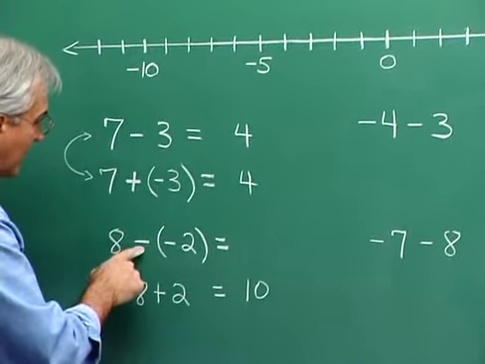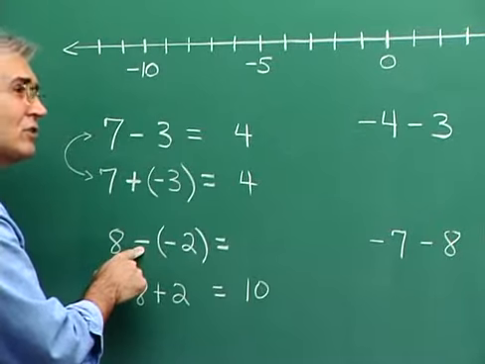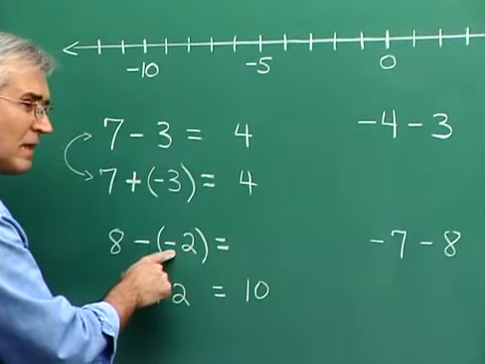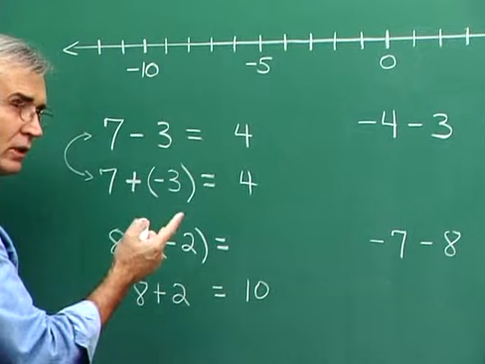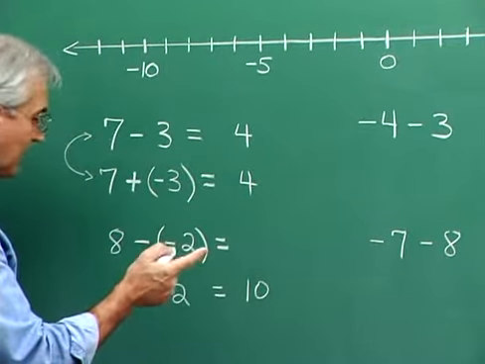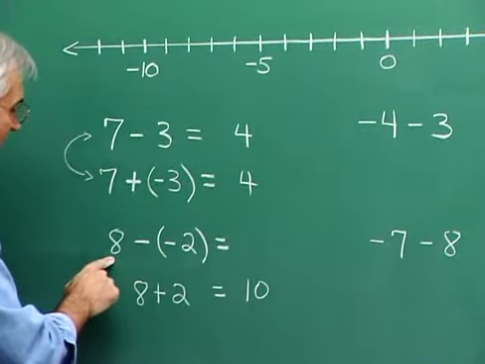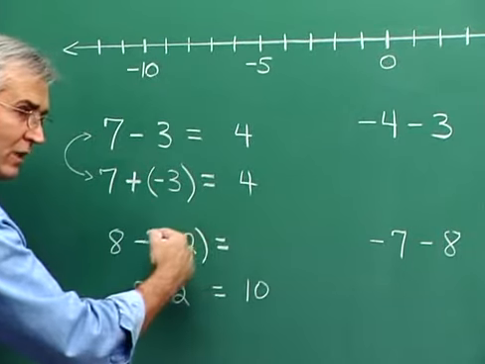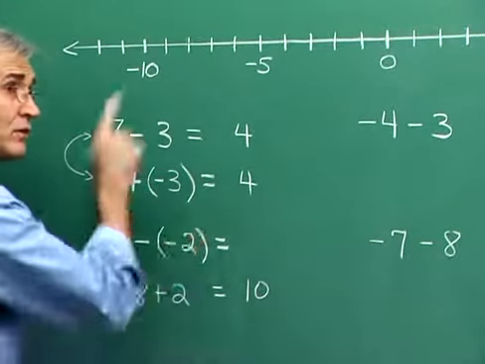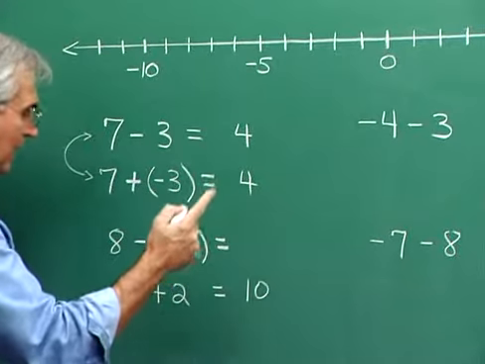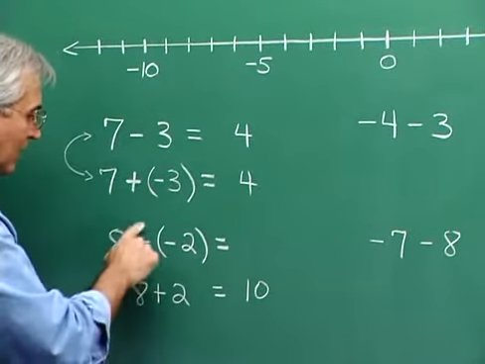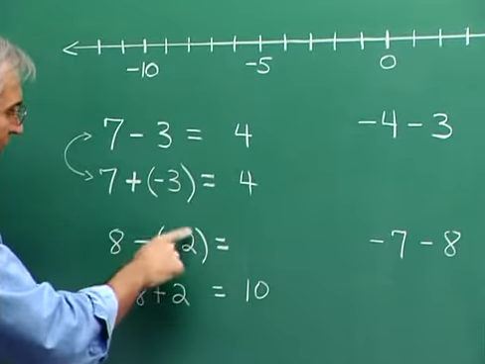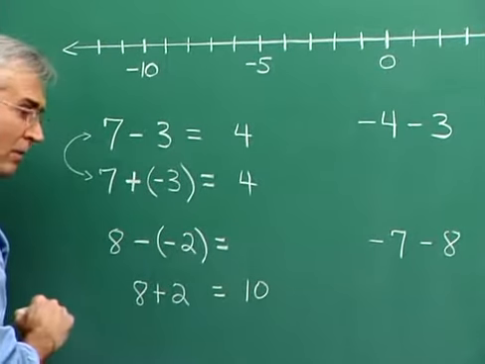Now, we might think, well, gee, subtraction and negative, maybe it just means that we change direction. So we start out with 8 and we are going to subtract, so it means we come this way, but negative 2 means we change direction and go back that way to get 10. So it's a little bit difficult to think about this as movement along the number line.